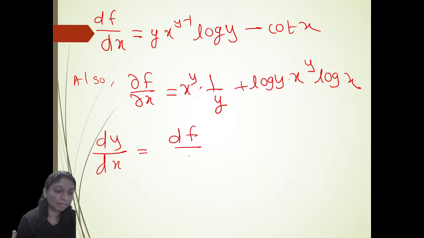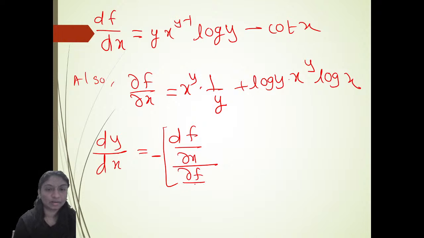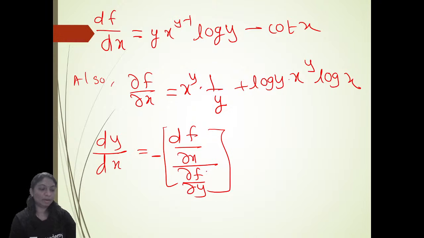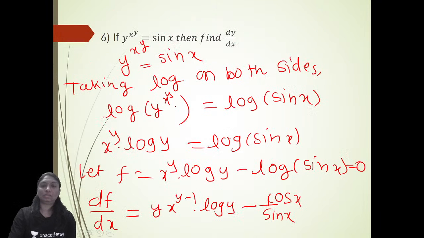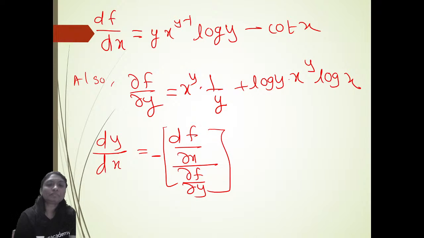Del f by del x upon del f by del y with a minus sign. So we already calculated here del f by del x and del f by del y. Just put the values here.